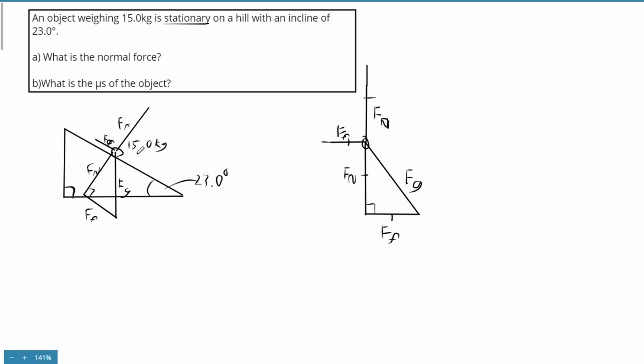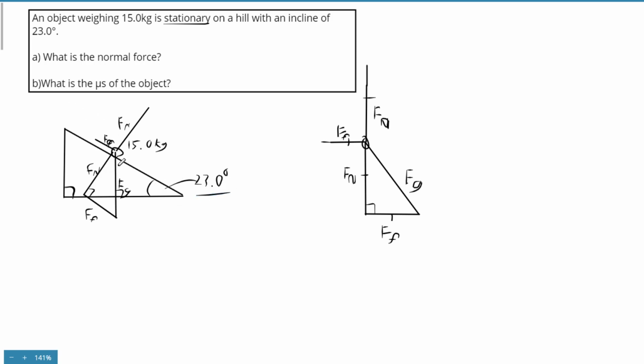So now we need to solve for this. We can find Fg, which is the weight, easily, because we have gravity and we have the mass. But how would we find Fn from this? So we need to use this angle we have right here.